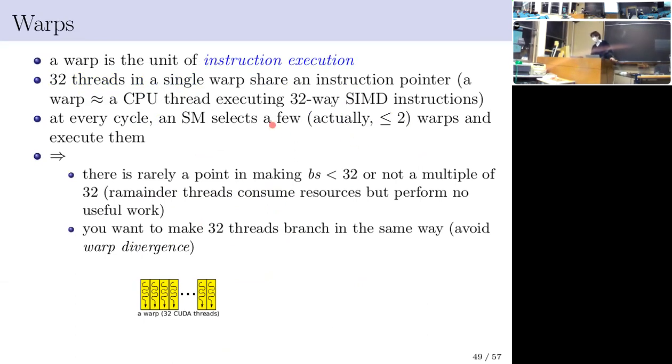So what is a warp again? A warp is the unit of instruction execution. How it is implemented in the GPU is that the 32 threads in a single warp share a single instruction pointer, so all these 32 threads execute the same instructions at the same time. In this sense, a warp in the GPU is very similar to a CPU thread executing 32-way SIMD instructions.